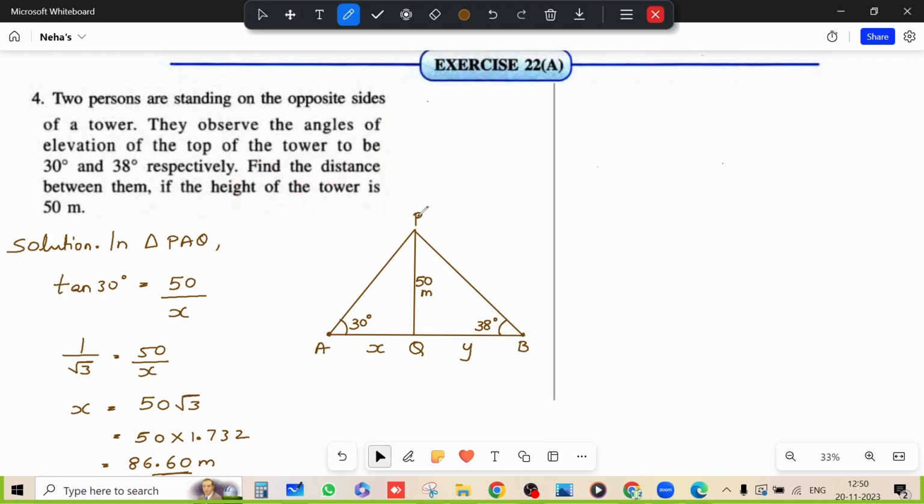Now we will consider triangle PQB. So in triangle PQB, tan 38 degree is again equal to perpendicular upon base, which is equal to 50 upon y. The value of tan 38 degree from the trigonometric table can be found out. So that is equal to 0.7813.